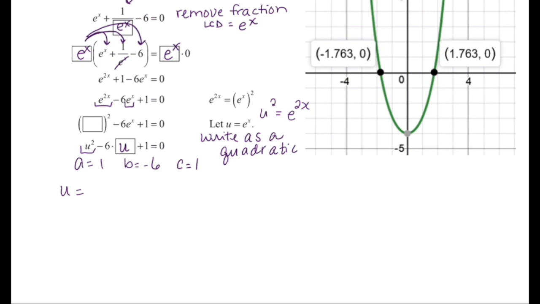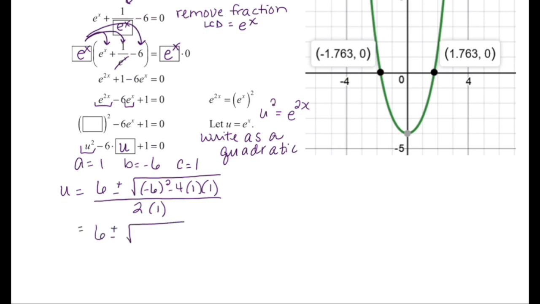Opposite B, so the opposite of -6 is +6, plus or minus the square root of b squared minus 4 times A times C, all over 2 times A. Simplify underneath our radical. We'll have 36 minus 4 over 2.